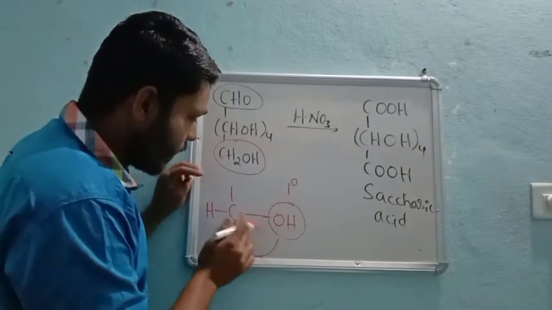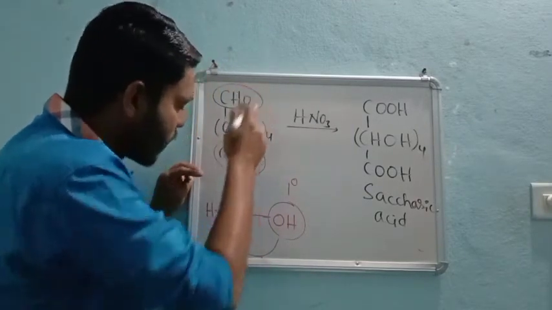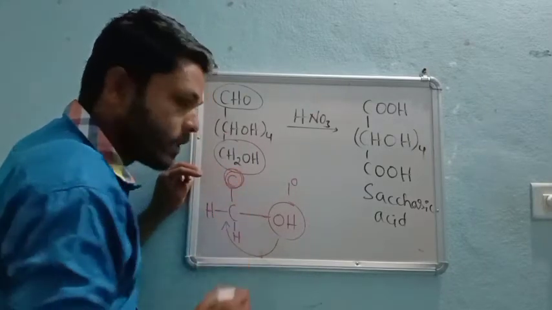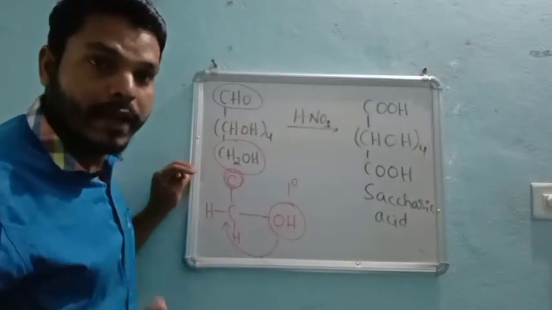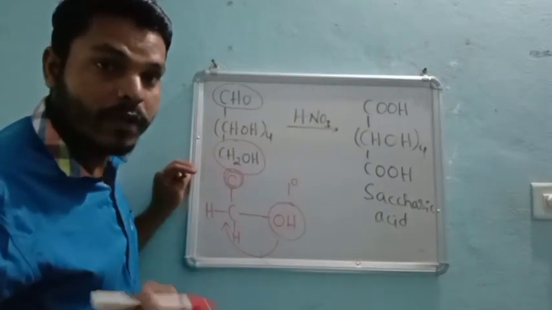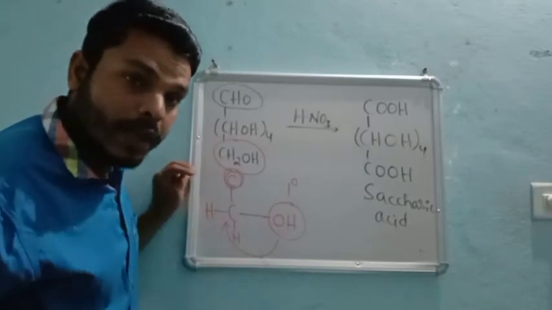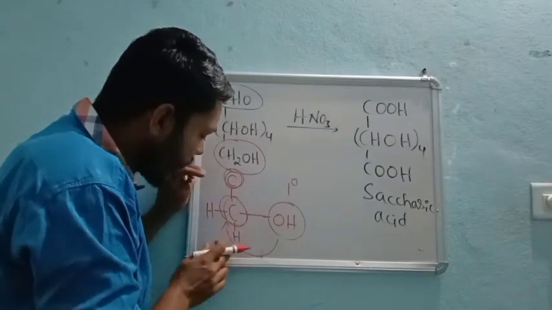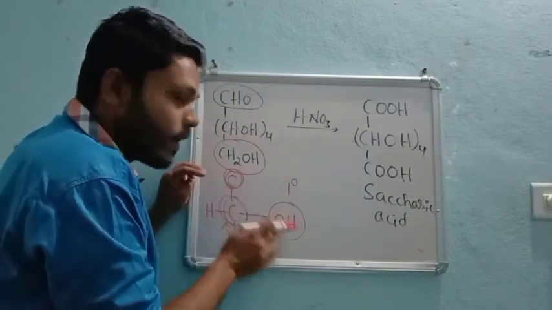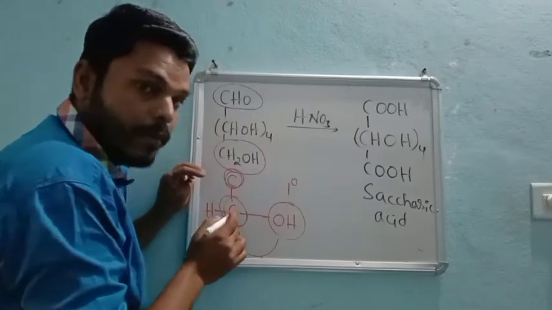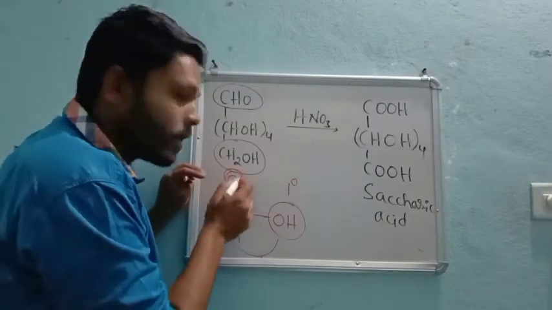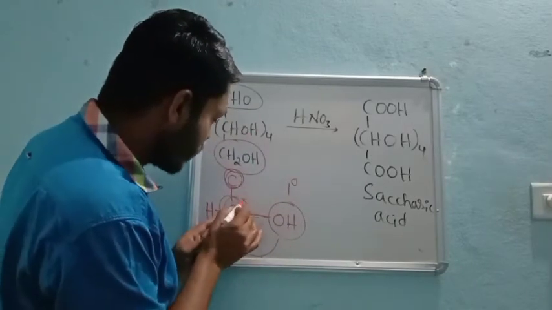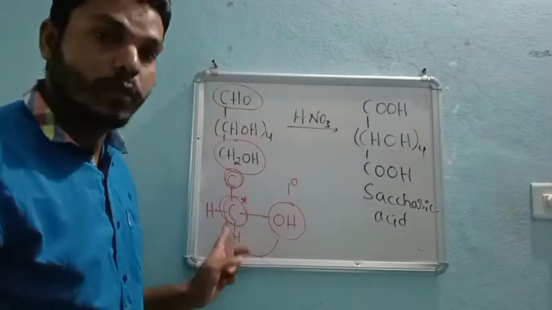Why? Because if I write one more carbon of glucose, to this carbon only one alkyl group is attached. Primary, secondary, tertiary or quaternary is decided based on the number of alkyl groups attached to the central carbon atom to which the OH group is attached.